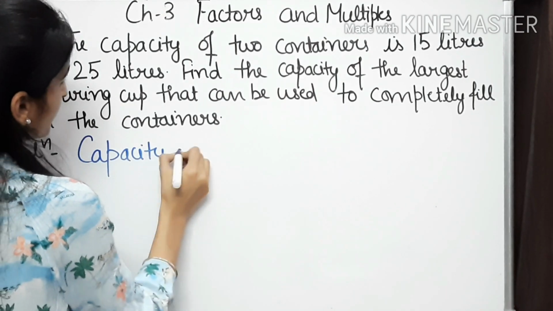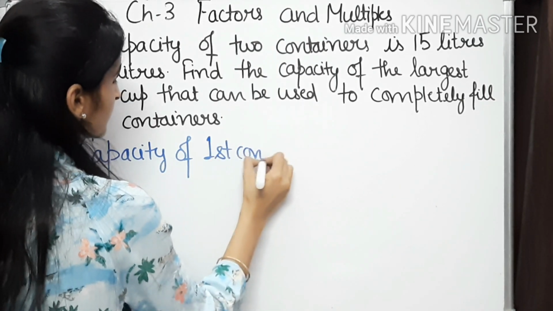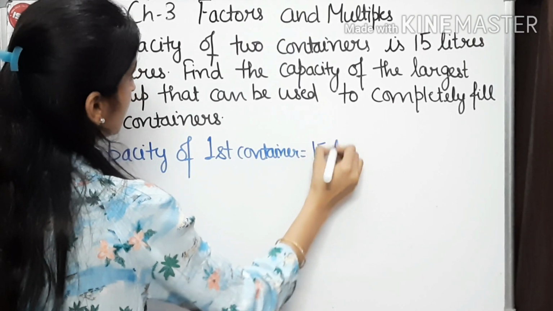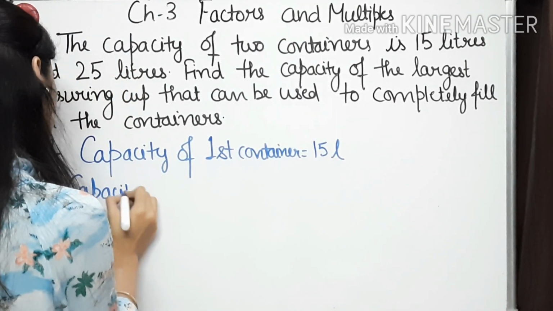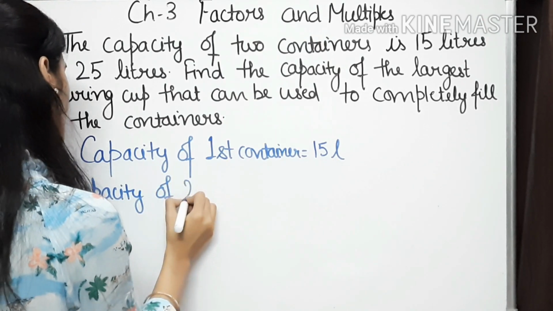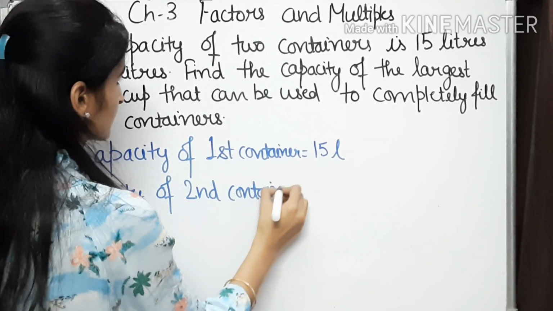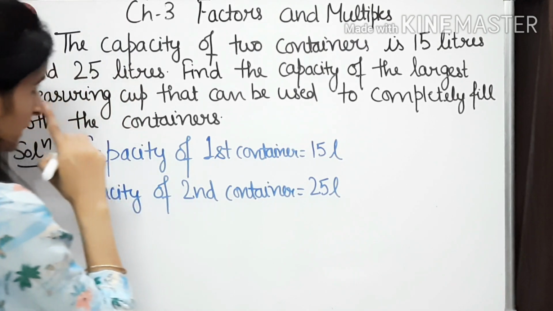Capacity of first container is 15 liters. Capacity of second container is 25 liters.